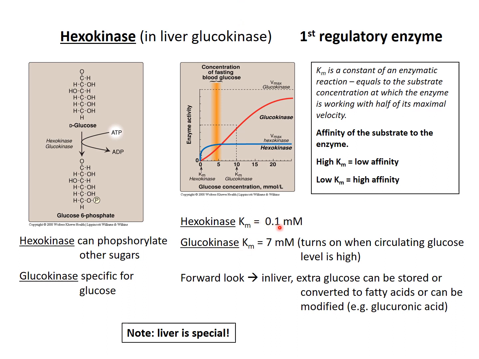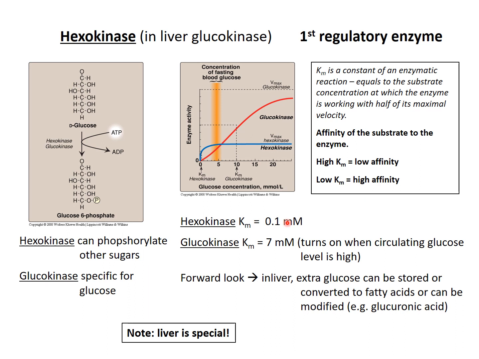Hexokinase has a very low Km. It's a reminder here: the Km is the constant which is typical of each enzyme-substrate reaction, which tells us whether the enzyme is majorly saturated.